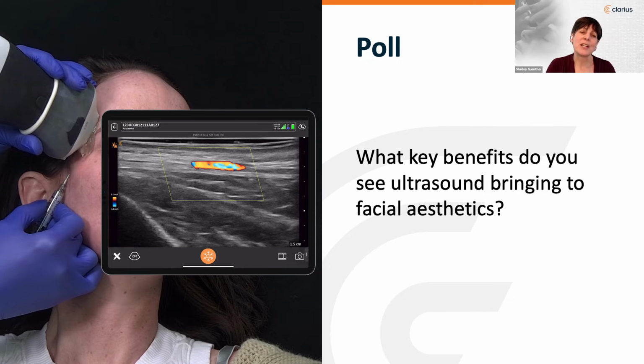Now, before we get on with Dr. MJ's presentation, we'd like to throw out some questions regarding what you see as the benefits ultrasound can bring to facial aesthetics. And this will help us better understand everyone's level of experience and specific needs. Are you wanting a better understanding of facial anatomy, or perhaps wanting to be more comfortable with facial vasculature before you inject? Are you treating complications?